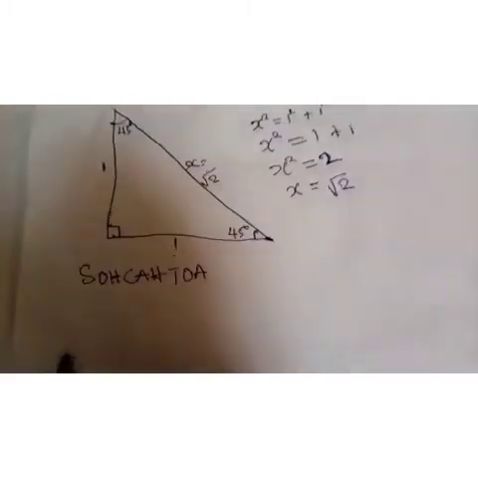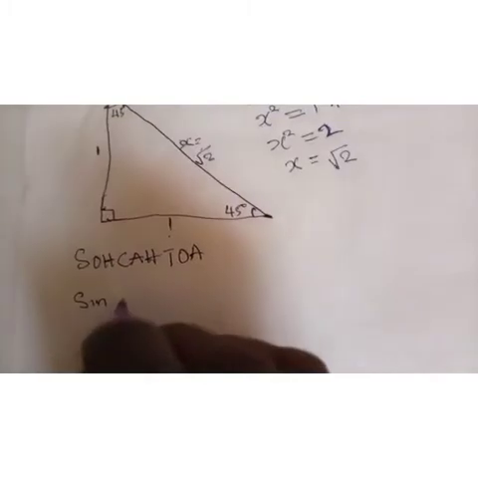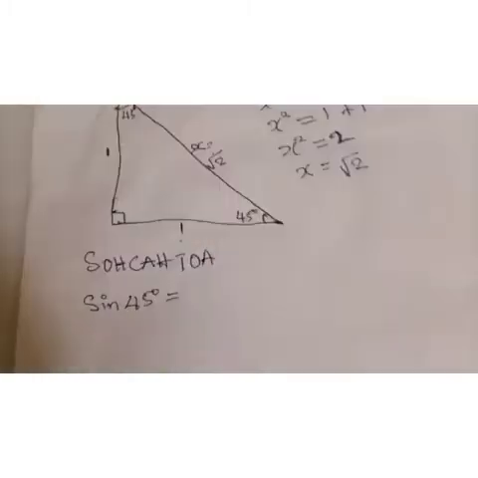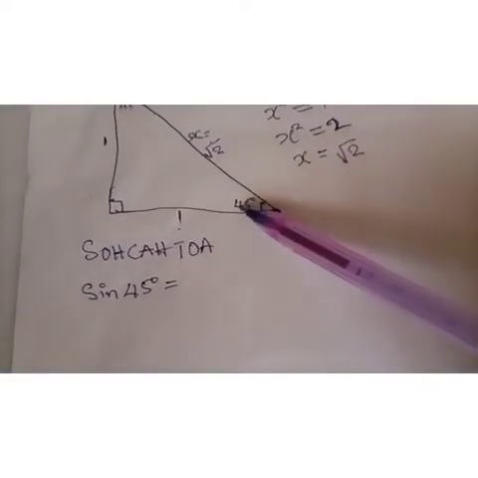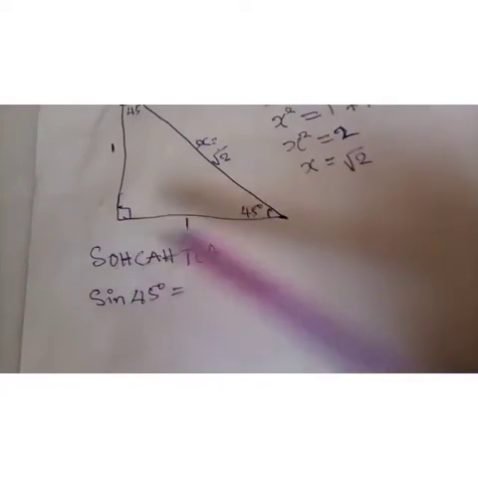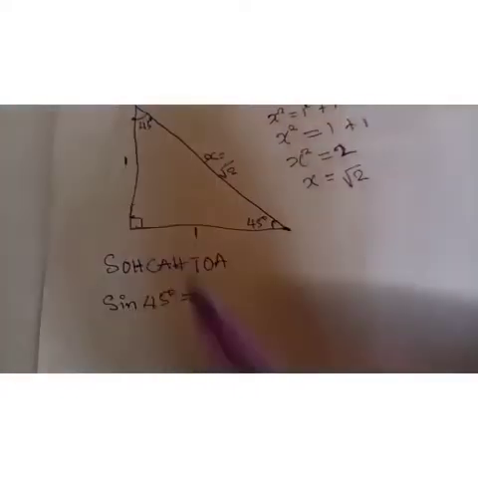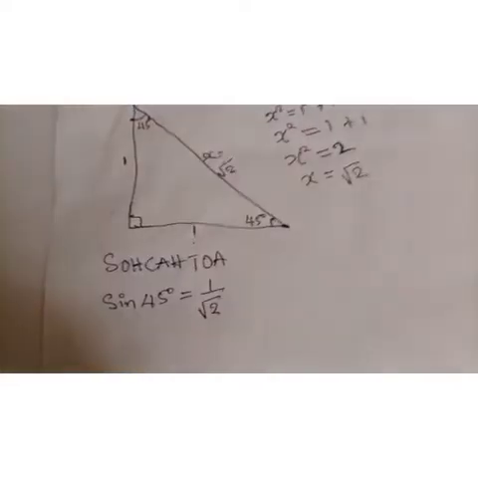So here you can say sine 45 degree equals, SOHCAHTOA, opposite over hypotenuse, and the opposite here is 1. The hypotenuse here is root 2, so it will be 1 over root 2.